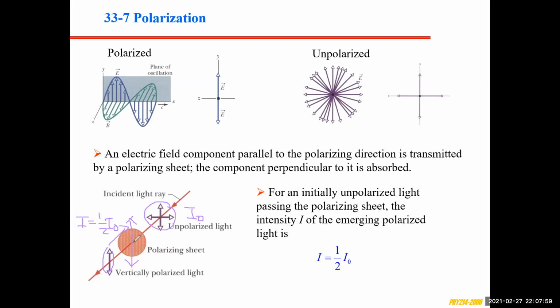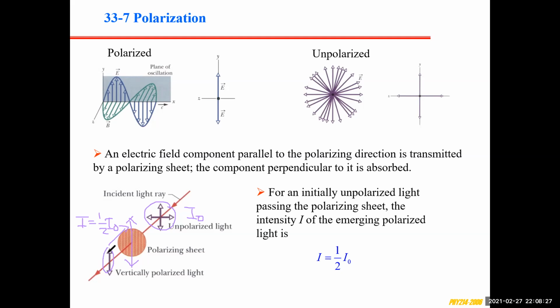When light passes through the glasses, half of the intensity is absorbed, and half of it is transmitted through the glasses. So what you see is dimmer, because the intensity is decreased by half. This is what happens when you send unpolarized light through a polarizer: half of the intensity is reduced.